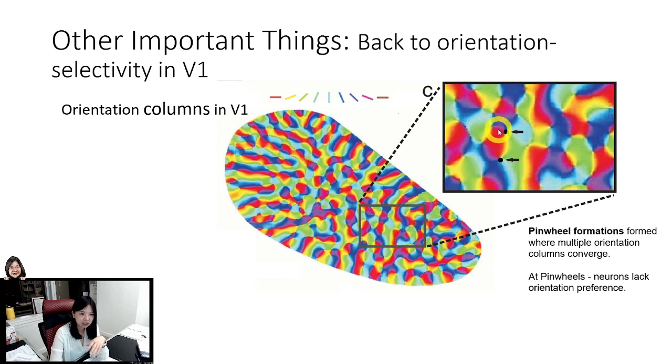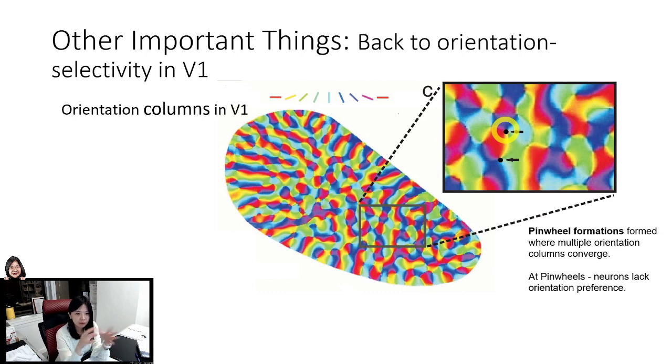So here I'm zooming this out, and we're smoothly transitioning across all possible orientations, and in the middle we find this column of singularity where we have exactly one representation of each orientation.